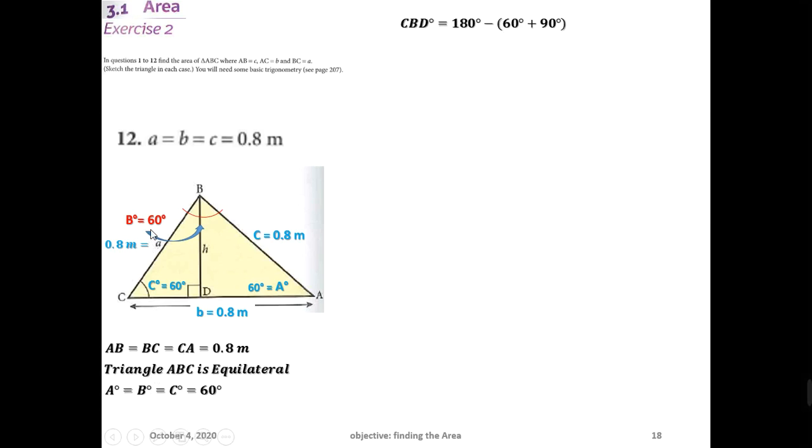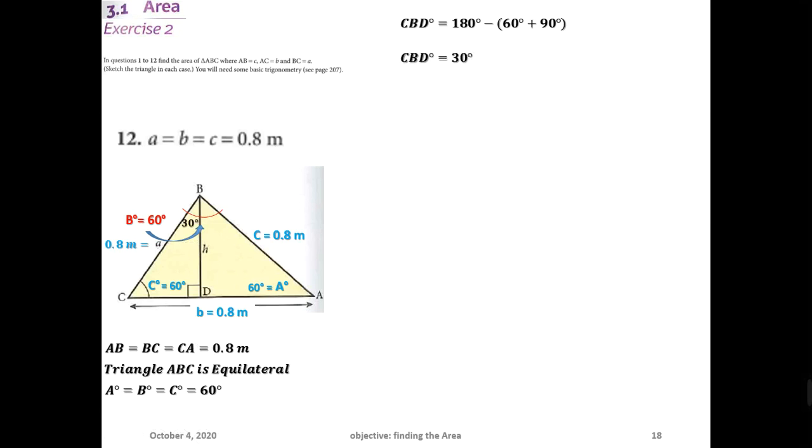Now, like I explained, to find the size of angle CBD, you're going to subtract the sum of the 90 and 60 from 180 as following. So angle CBD will come down to 30 degrees. Always place the number that you find on the diagram as following.